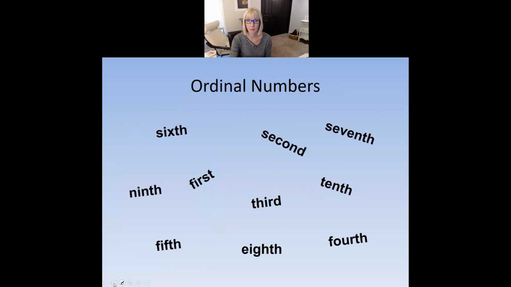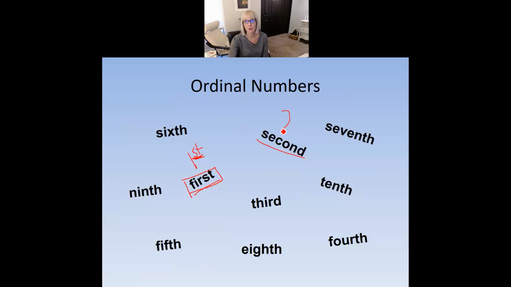Let's practice some more. The ordinal numbers have a different spelling, especially first. For the number 1, I'm going to add ST. To say this word and write it, I say first.